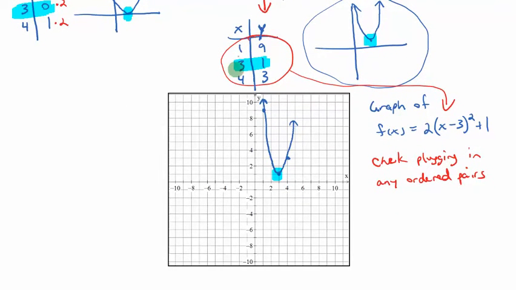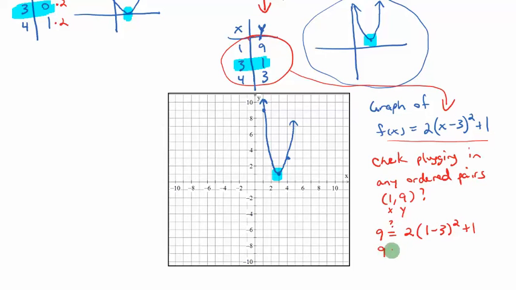So I never like to check my reference point. That's the easiest one. I like to check maybe the most bizarre point. So I'm going to check 1, 9. Does that make this true? In other words, x is 1, y is 9. So let's see. If I plug in to this equation, 9 for y, well that's f of x is y, so I get 9 equals 2 times parentheses, x is 1, so I plug in 1 for x, and I want to know, is this true?